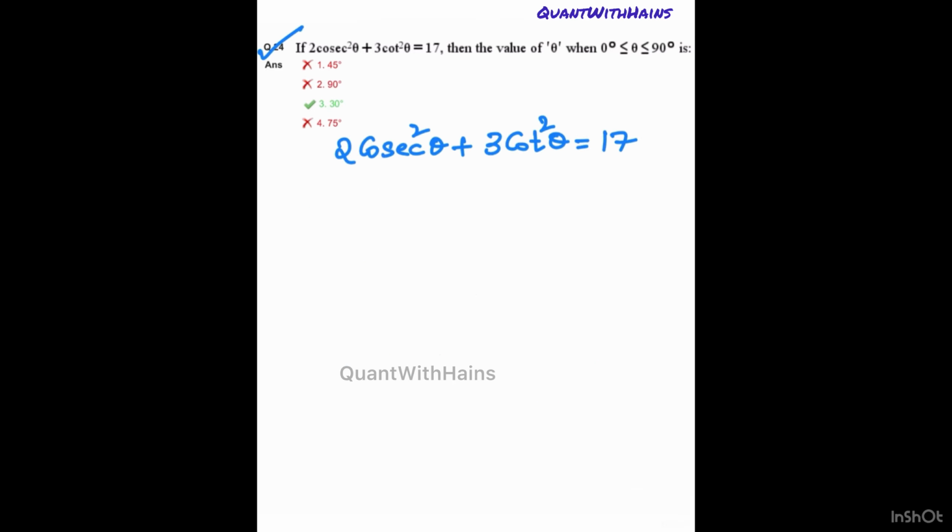Understand this 24th question. It is given that 2 cosecant square theta plus 3 cot square theta is 17. We know the formula cosecant square theta minus cot square theta is 1. So we have two equations and two variables, cosecant theta and cot theta.